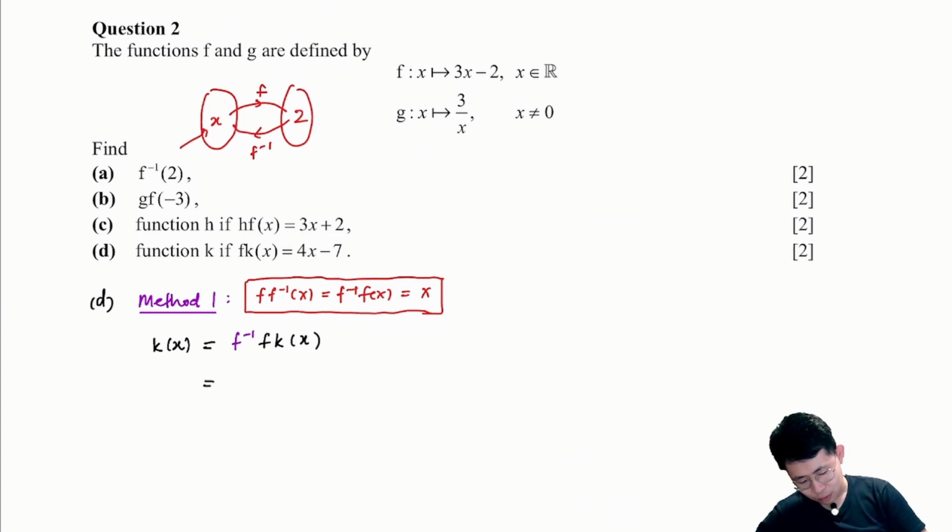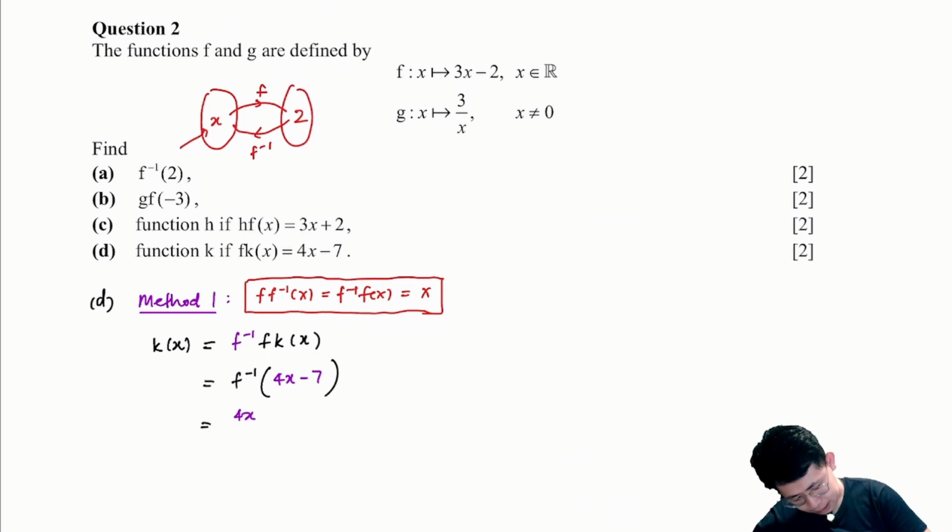So I will have f inverse of 4x minus 7. Borrowing the expression for f inverse previously, we had x plus 2 over 3. So this would be our x, so 4x minus 7 plus 2 over 3.